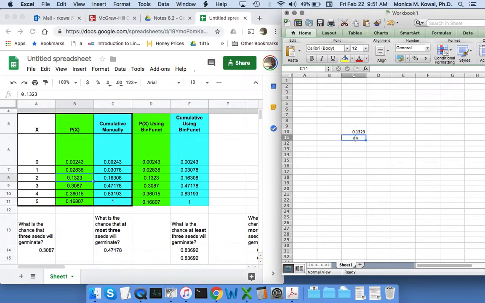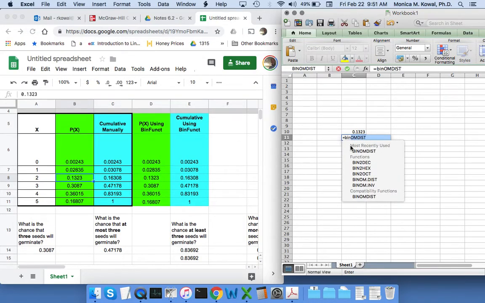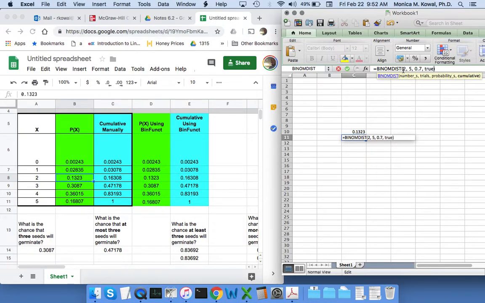And then if you want a cumulative, so if you want at most 2, binom dist, number of successes is 2, trials 5, probability 0.7, and then if you want at most 2, then you want 0 or 1 or 2, so you need this to be turned on.